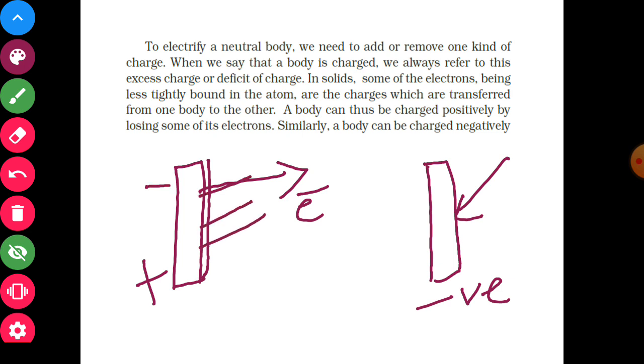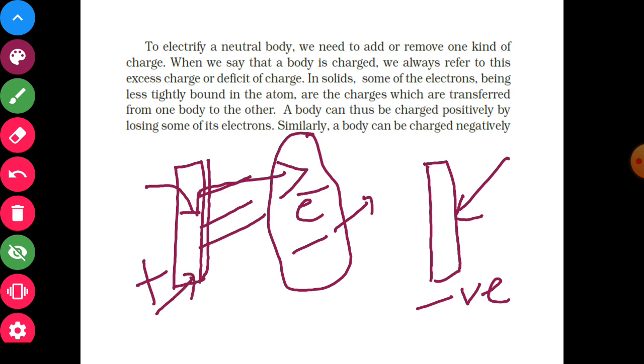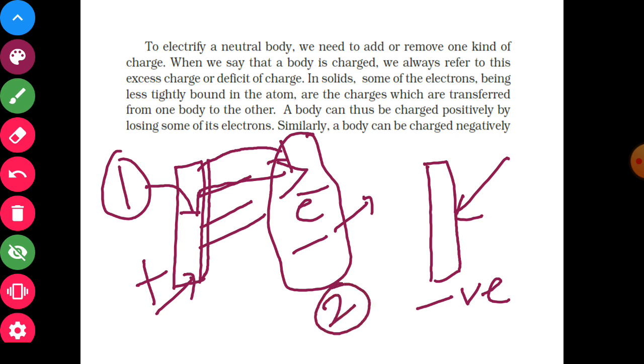Because of the removal of those electrons, this becomes positive, and the substance which receives these electrons becomes negative. Earlier it was a neutral body, and this was also neutral, but electrons from the first body are transferred to the second body, so the second body becomes negative and the first becomes positive.